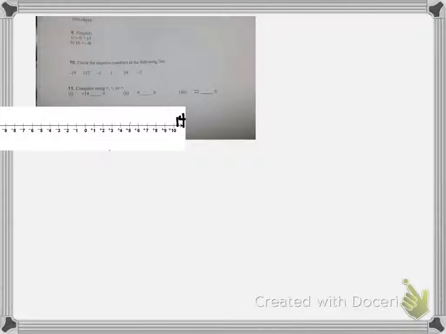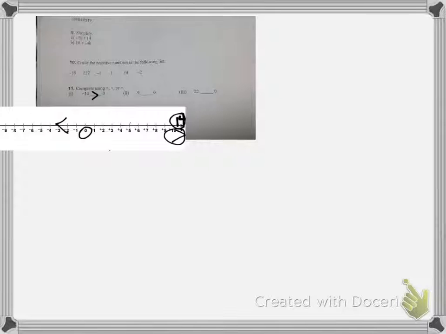So we know the positive 14 is going to be over here, and of course 0 is going to be right here. And once again, this is our less than side, this is our greater than side. And 14 is with the greater than. So 14 degrees is warmer than 0 degrees. Having $14 is better than having $0.